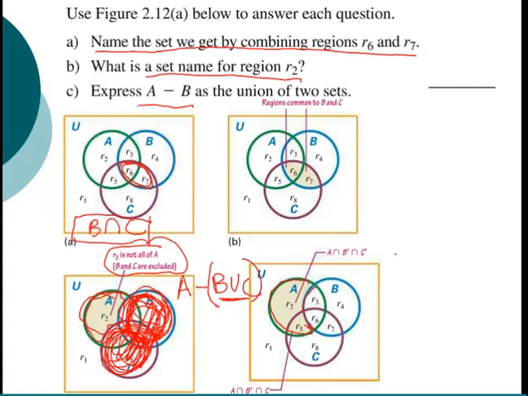It's actually much easier to say that this is A minus B. But what's happening here is we're identifying region 2 with this long description: the intersection of A and everything that's not B, B's complement, and C's complement.